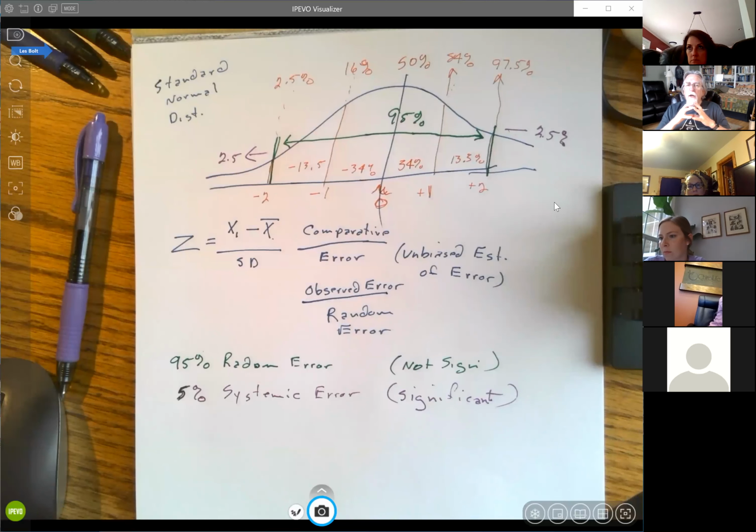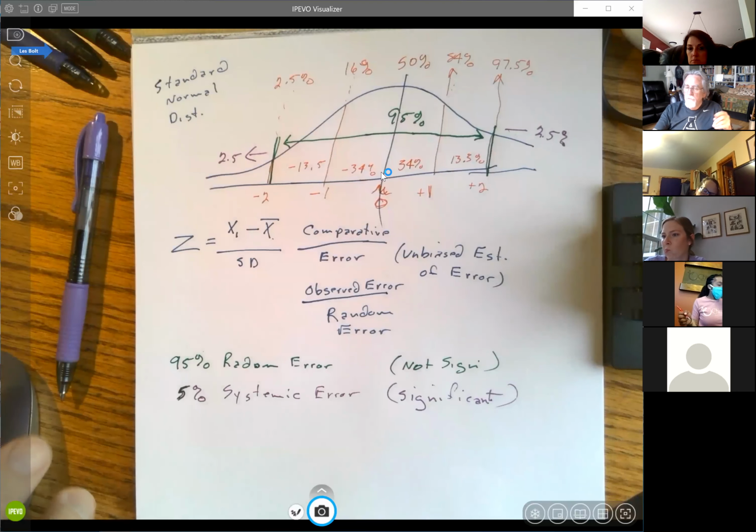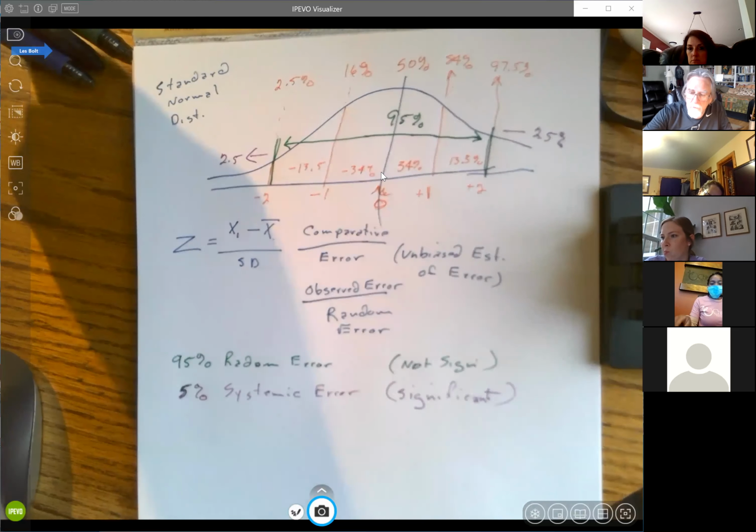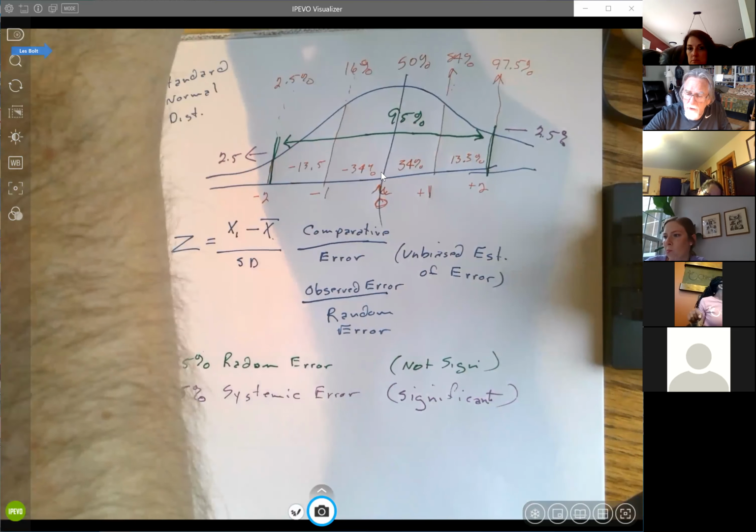And we're comparing what we observe to that estimate, and it's generating a statistic. And let's do an example or two here.